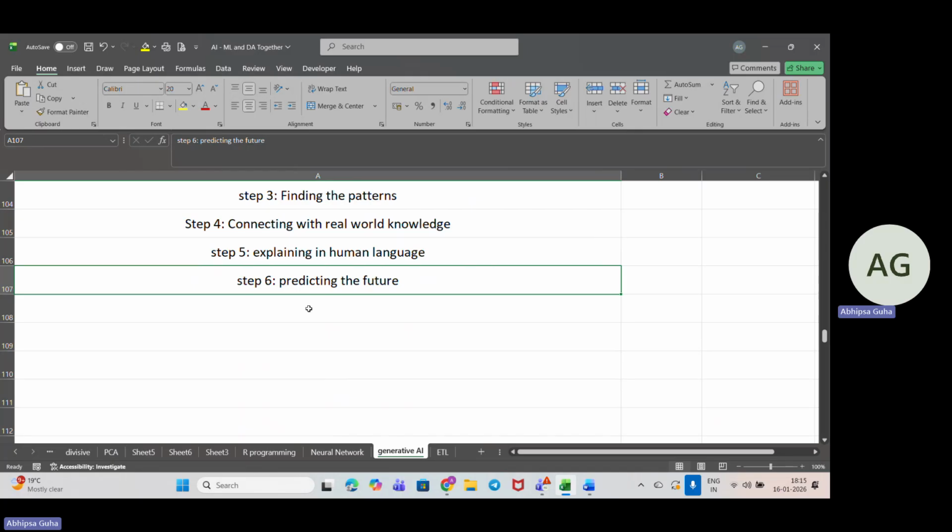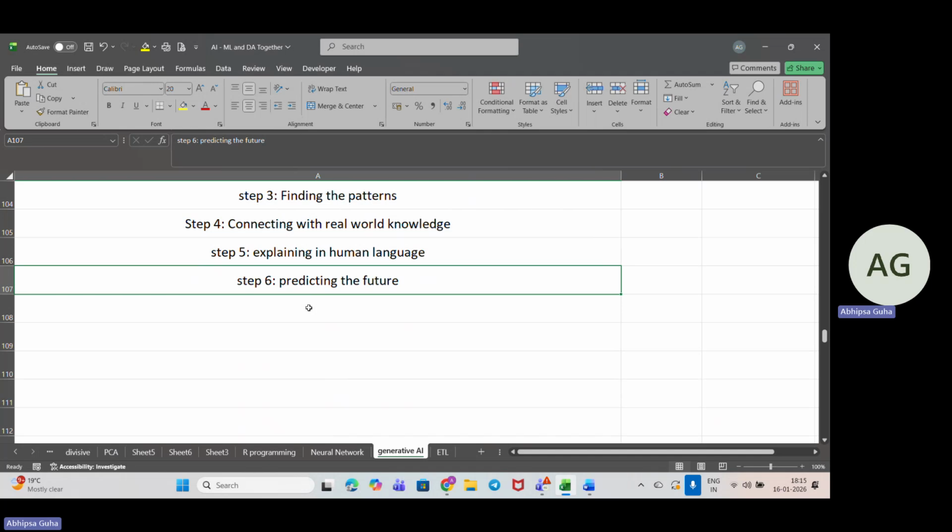But with generative AI, it is smart enough to predict the future. And about acting like humans, generative AI does act like humans and tries to give answers as relevant as possible, as humans actually think and would give. But traditional analytics doesn't do it.